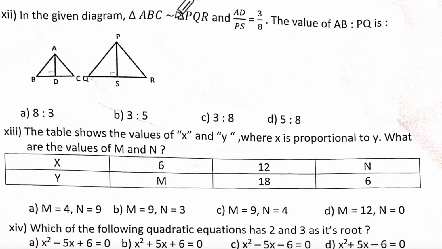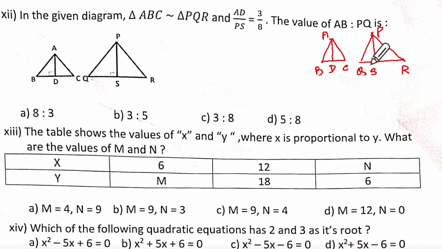In the diagram, ABC is similar to PQR. It's a straightforward diagram. AD upon PS is 3 upon 8. So you will show this A, B, C, and this is your AD. Show diagrams because you don't have the paper in front of you.